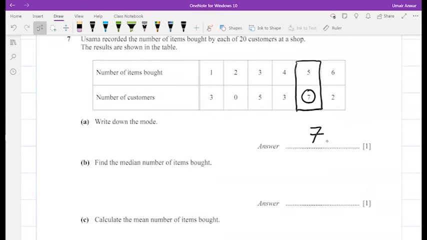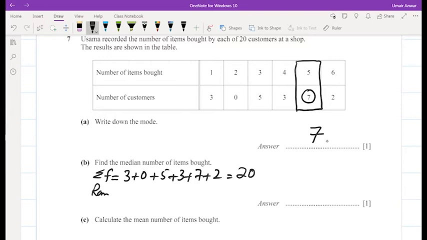In order to find out the median, we need to add all the frequencies and find the total of the frequencies, and it is going to give us 20. Then we need to find the rank of the median.